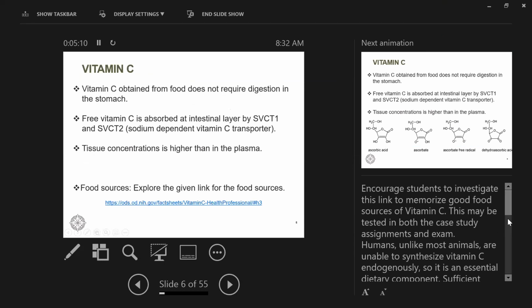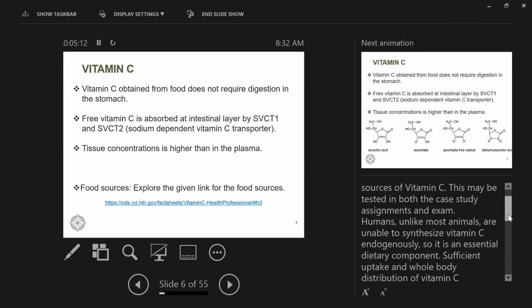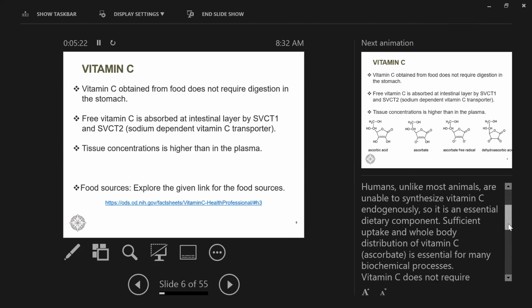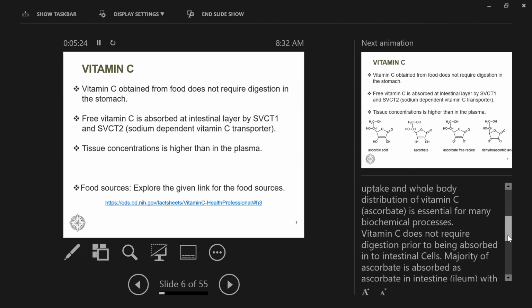So the first one that we are talking about today is vitamin C. Humans, unlike most animals, we are unable to synthesize vitamin C endogenously, so it is an essential dietary component. Sufficient uptake and whole body distribution of vitamin C is essential for many biochemical processes. But the good thing is that it does not require any digestion.